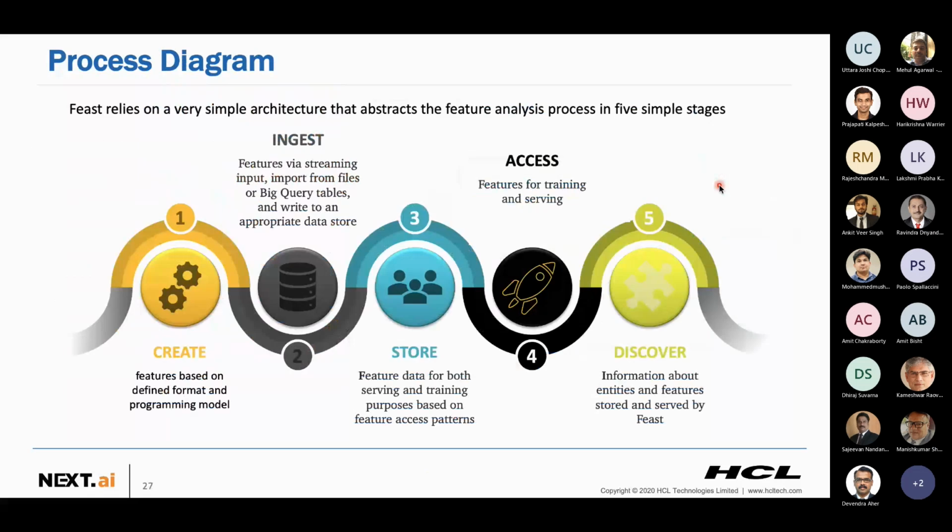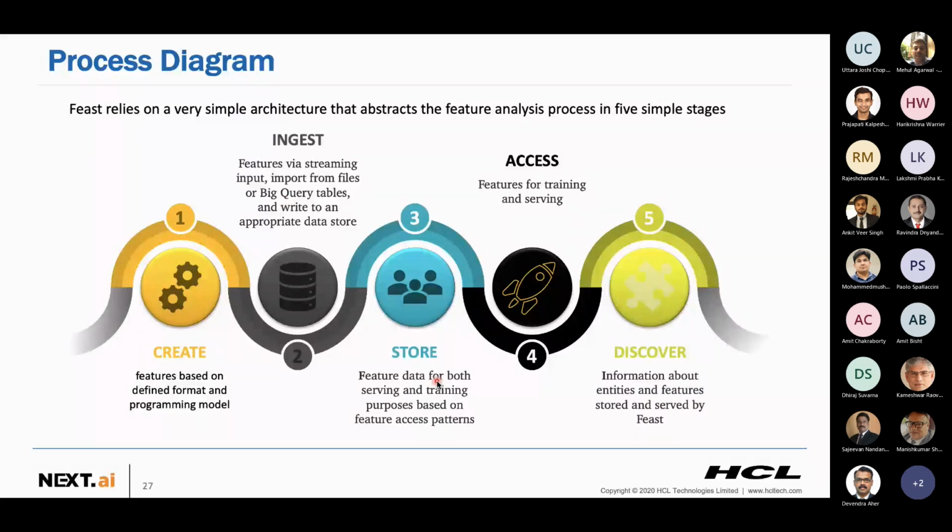So this is the process diagram of how the feature store Feast would work. Initially, we would create a feature table where we would define all the features that are going to be used for a particular model training. Later on, based on the feature table, all the values for each and every feature are ingested into the feature table, and stored in a BigQuery or Redshift database.